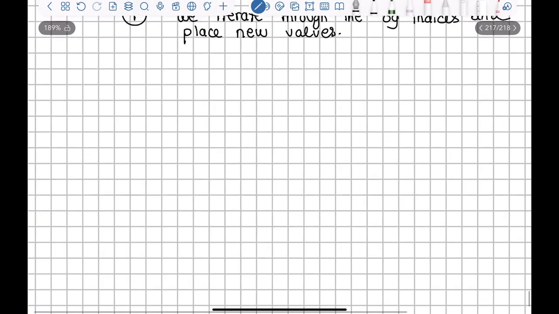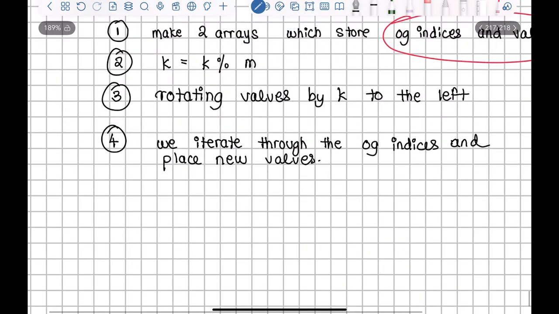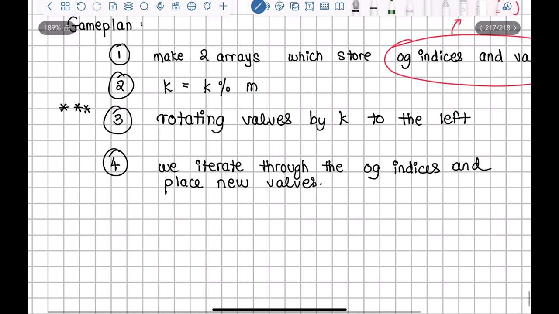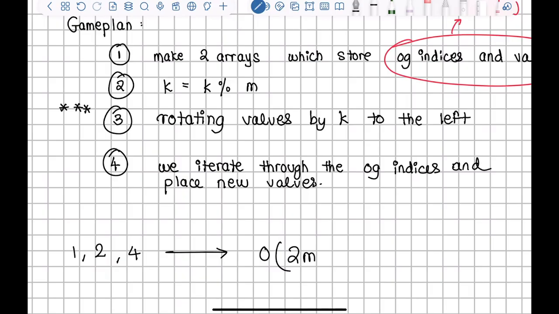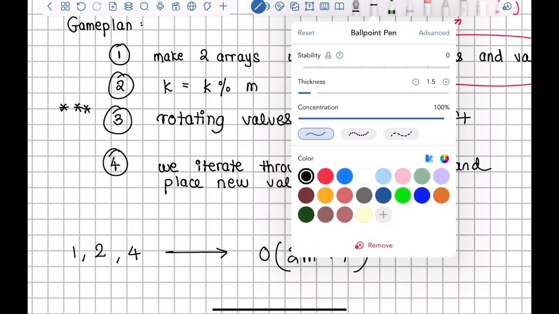Now how do we rotate? This is the most crucial part, right? Because this and this can be done in O of n. So 1, 2, and 4, if we combine them, it gives me O of 2m plus 1. Let me just write it down here.